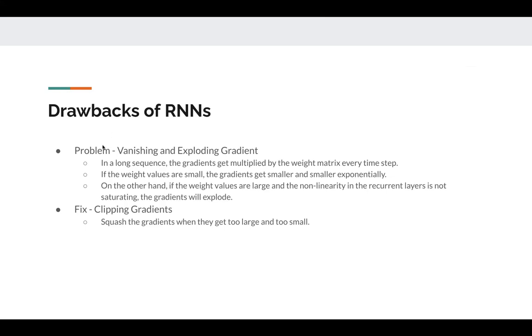And the fix for this problem is clipping gradients. So what happens is, we actually give a range of weights. Let's say the weight is 0.3. Then we say, okay, the initial weight is 0.3.